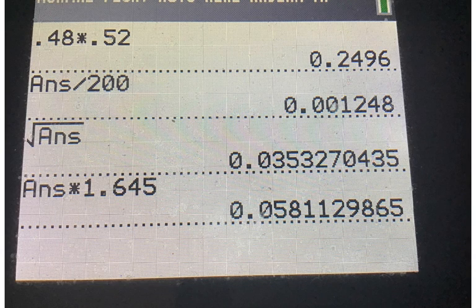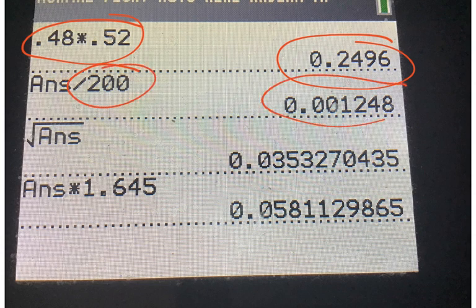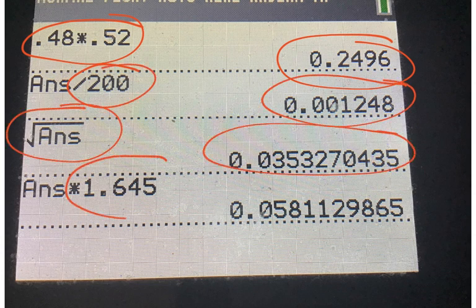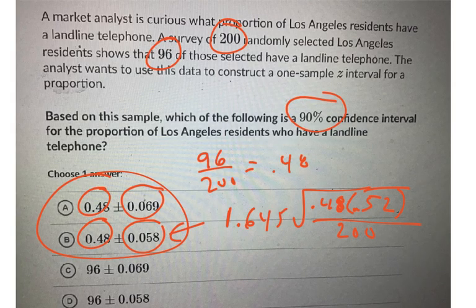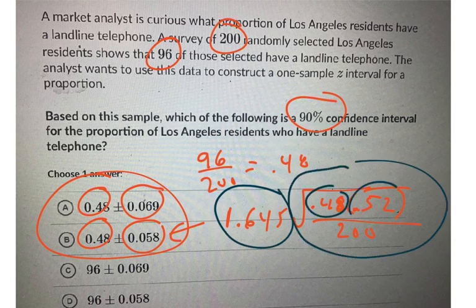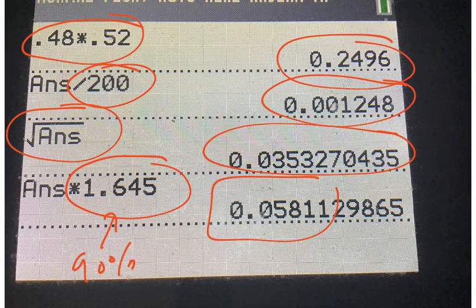Here is my calculator work. 0.48 times 0.52, we take that, we divide by 200, we take the square root, we get this, and we times by our Z star, which came from 90% confidence, and so there's your 0.058. So again, what I did was I took this, I times it with the square root of that, divided by that. And again, there's my calculator work.